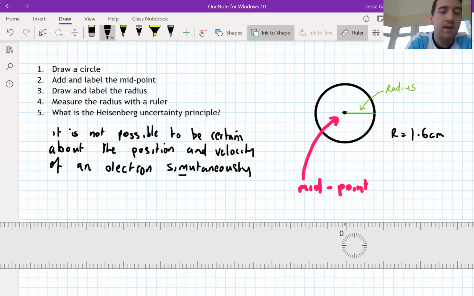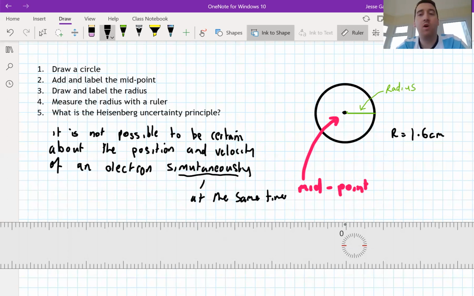Simultaneously just means at the same time. So in other words, you can't know both the position and the velocity that the electron is traveling at. It's not possible. You can't know them both at the same time.